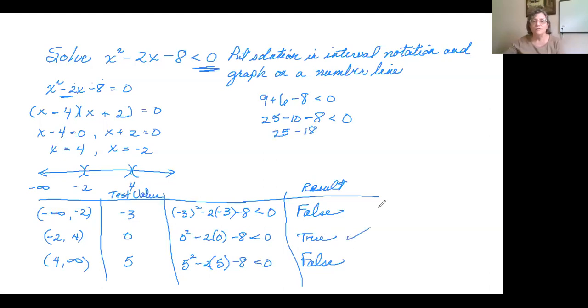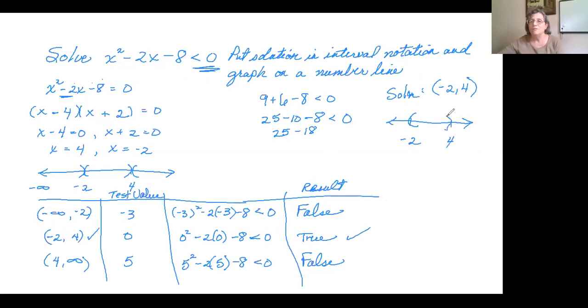So true is negative 2 to 4. So my solution is negative 2 to 4. Double check, definitely just parentheses because the equal's not there. The graph goes from negative 2 to 4.